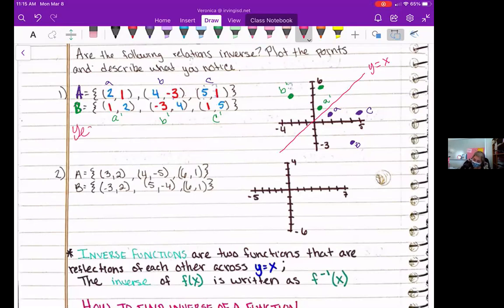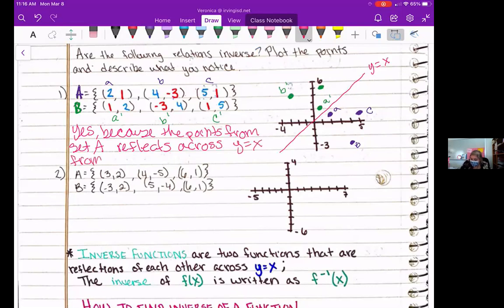So this one is yes, because the points from set A reflect across y equals x from set B. So you'll notice right here, that's why I labeled them A, B, C, and then A prime, B prime, C prime, right? So you can see that purple dot A is reflected across y equals x as A prime.